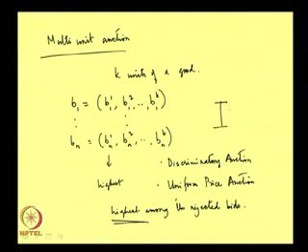But there is a complication here. It may happen that the price that I am paying is more than what I bid for. For example, take this case, this is unit 1 and this is unit 2.